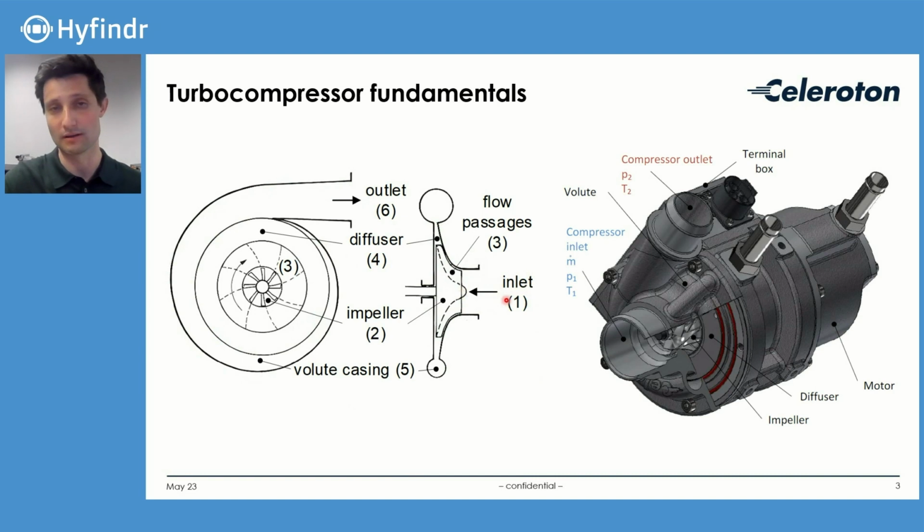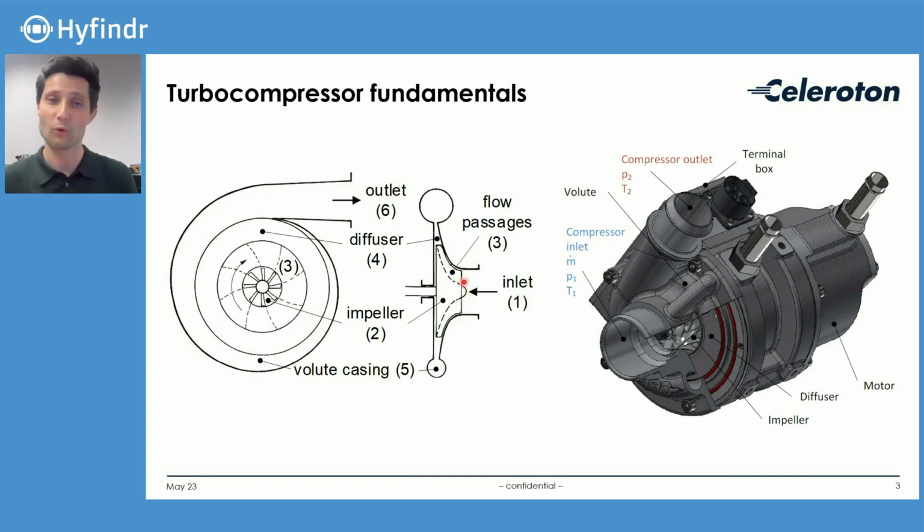At the inlet, which is indicated by number 1, the flow is directed towards the eye of the impeller, the center of the impeller. At the high rotational speed, the impeller is rotating.